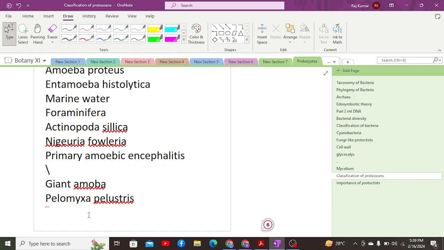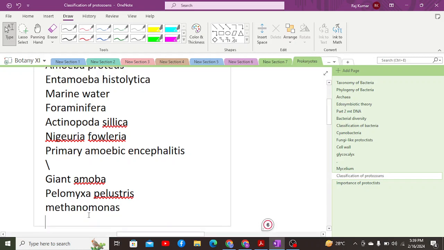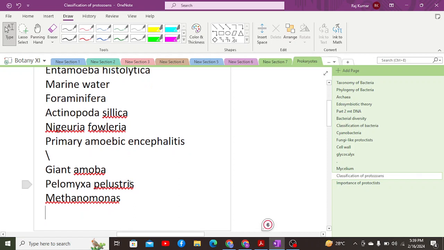Instead, it has engulfed methanogenic bacteria inside it, and the methanogenic bacteria are engulfed within them.